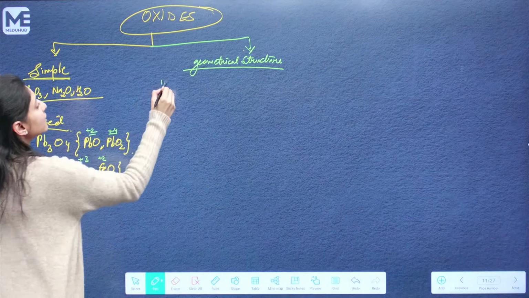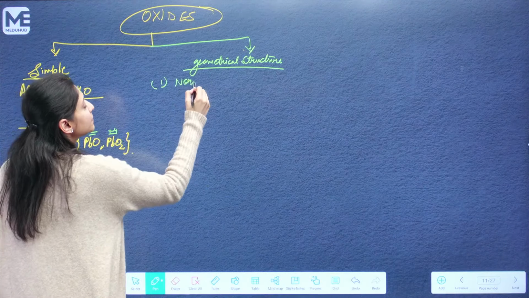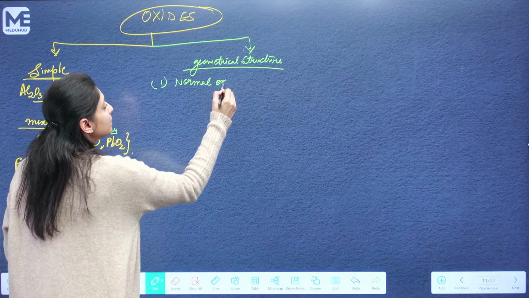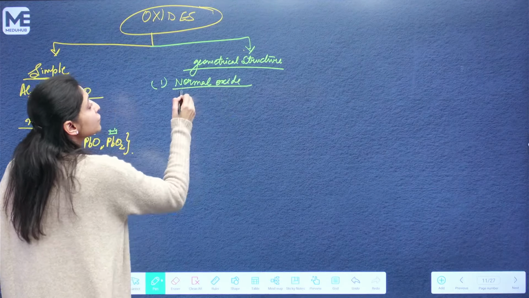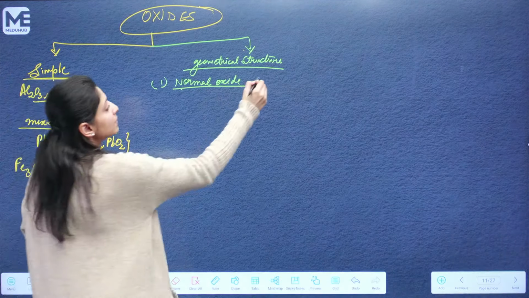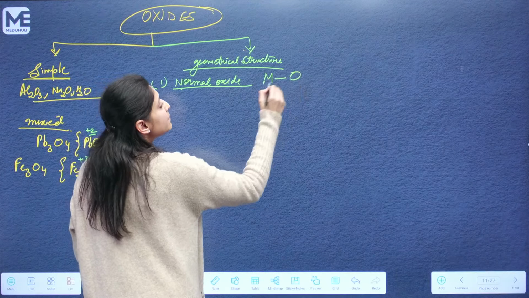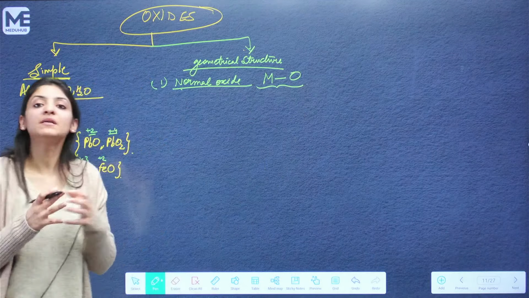The first category is normal oxide. So in normal oxide, simple MO bonds are formed, where M is any element.